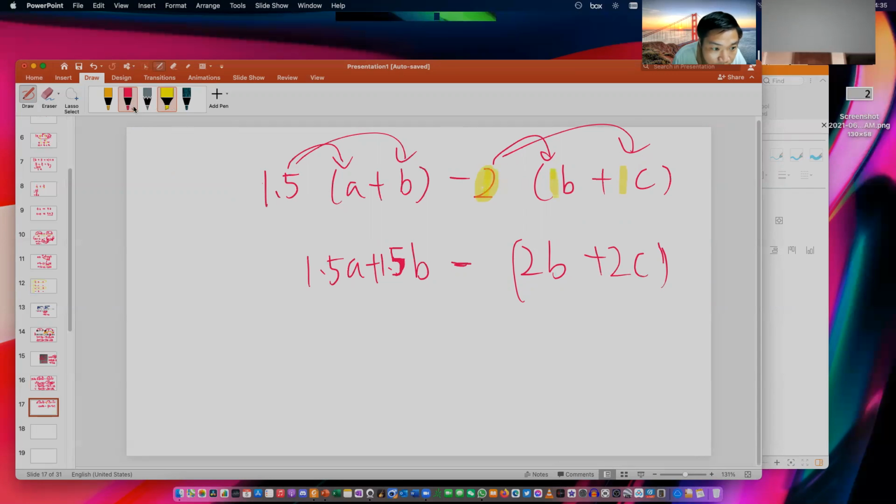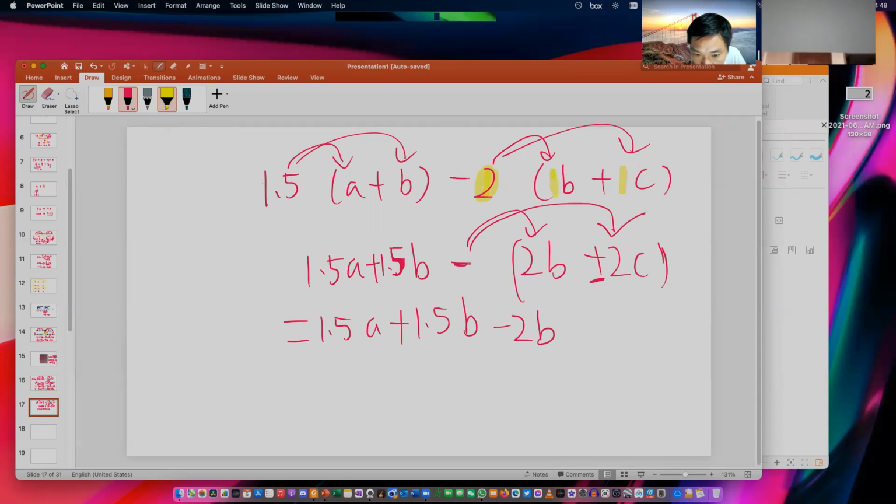Then the next step is open the bracket. So first, second, separated by a plus. The first one you get minus 2b. The second one you get minus 2c. You just read, minus 2c, and then separated by a plus.